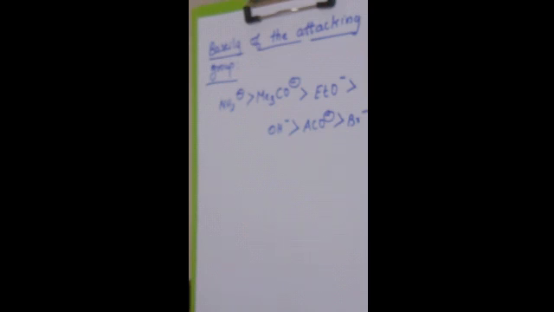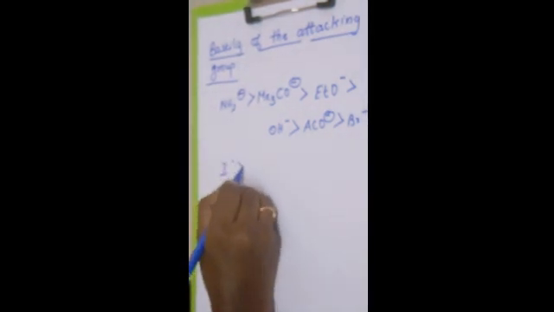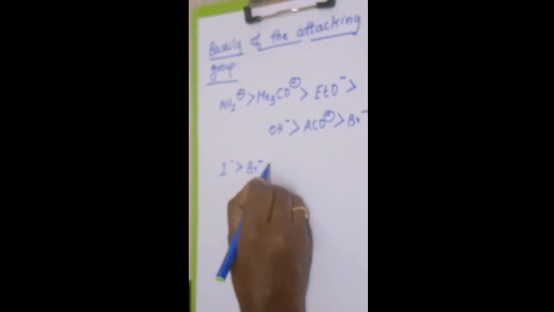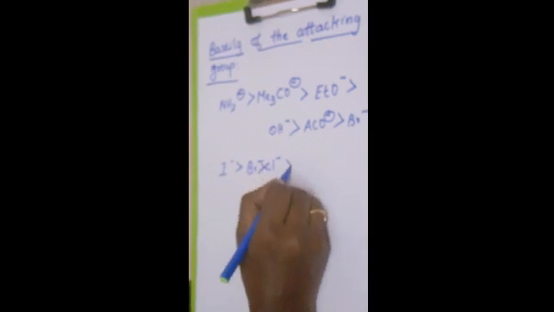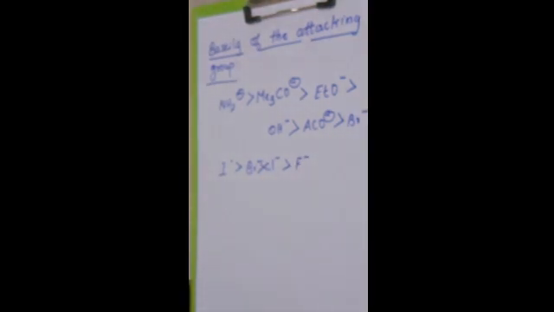Hydroxy group is a poor leaving group and alkyl sulfonate group is a better leaving group because the sulfonate ion, being a conjugate base of a strong acid RSO3H, is more stable. The leaving capacity among the halides decreases in the order I minus greater than Br minus, Cl minus, greater than F minus.